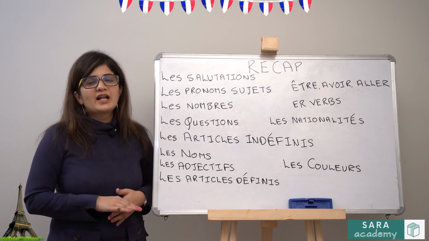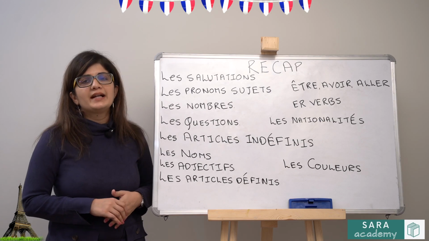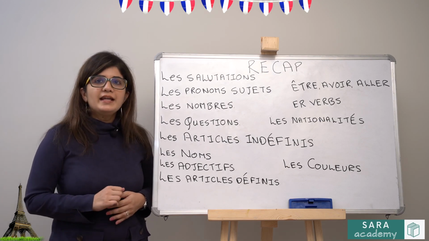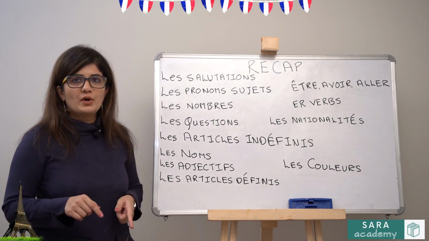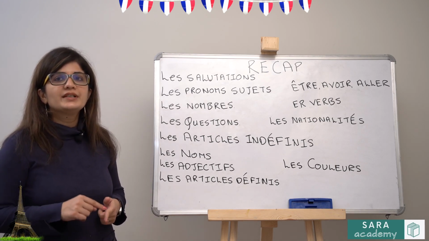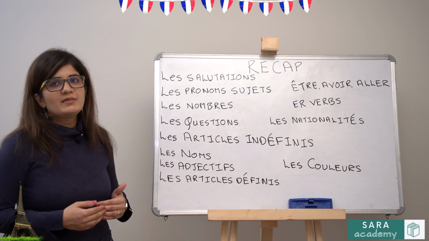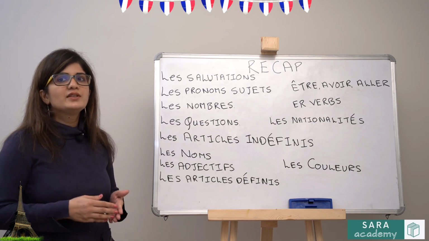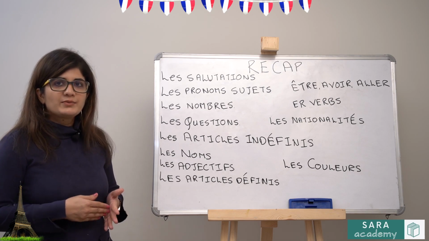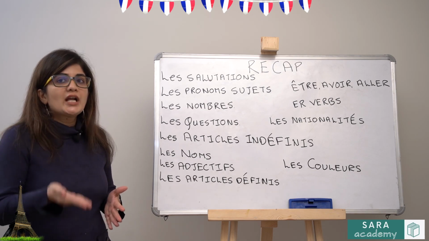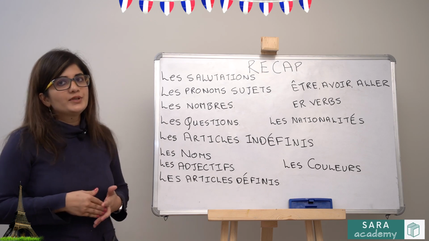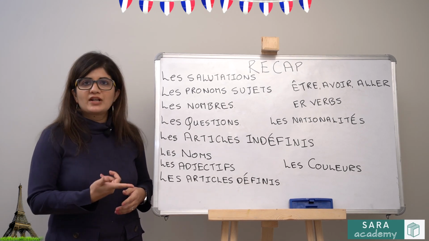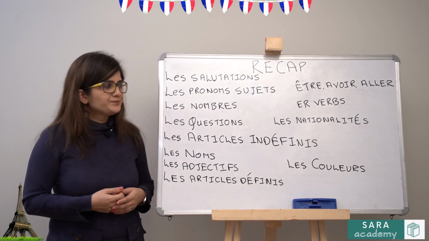We generally make a nationality feminine by adding an E, and we make it plural by adding an S. If in the masculine singular form the nationality ends with an E, it remains the same in its feminine form. And if in the masculine singular form it ends with an S, it will not take another S in the masculine plural form. So the rule that we did for nouns applies to nationalities also.